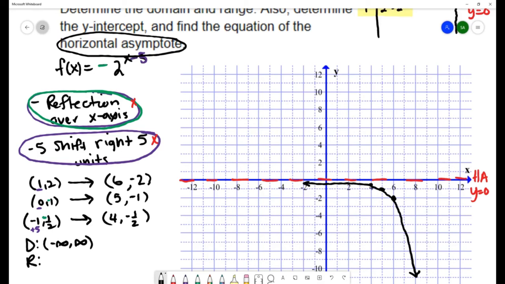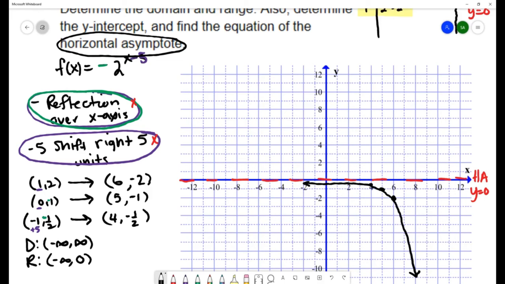So that means our range is going to start at negative infinity and go all the way up to the x-axis at 0. And notice I've used parentheses here because our asymptote shows that we're never going to reach the x-axis. We just keep getting closer and closer to it.